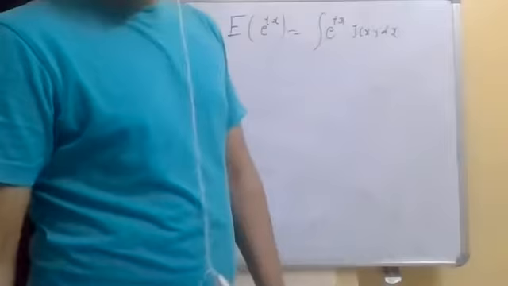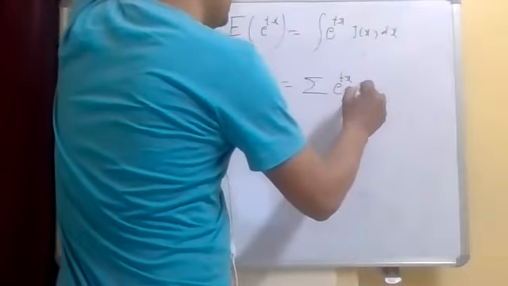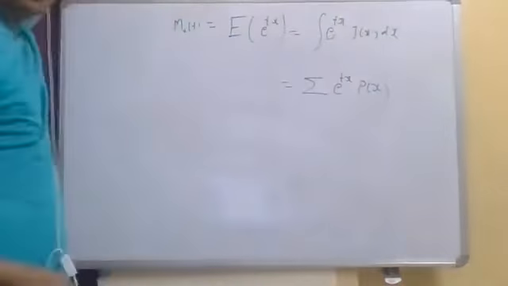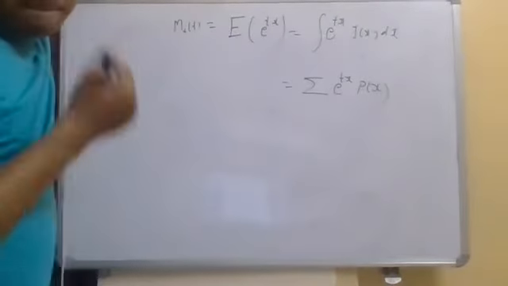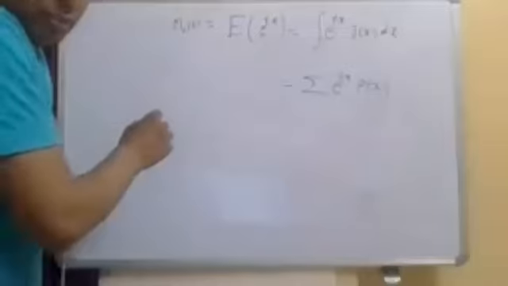And for discrete, it should be the sum of e to the power tx p(x). In place of f(x) we use p(x).